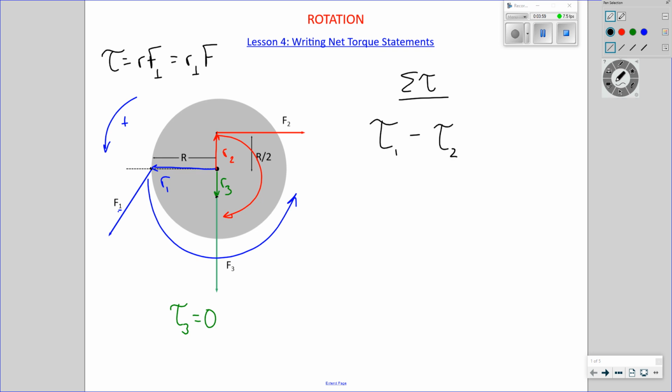Those are in opposite directions, so I have to subtract those torques to get the net torque. The torque created by F1 is r1 times F1 perpendicular, and the torque created by F2 is r2 times F2 perpendicular.